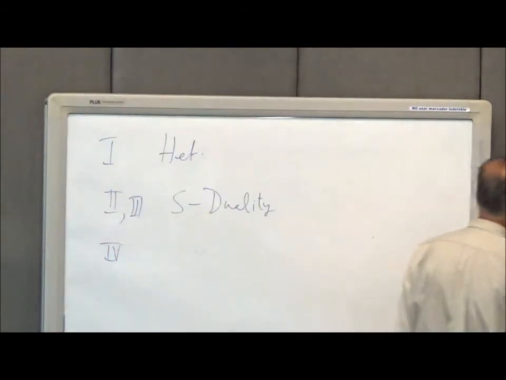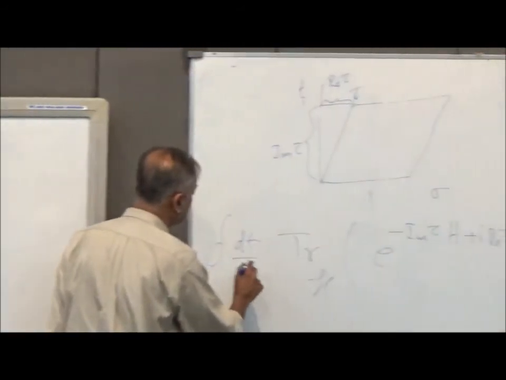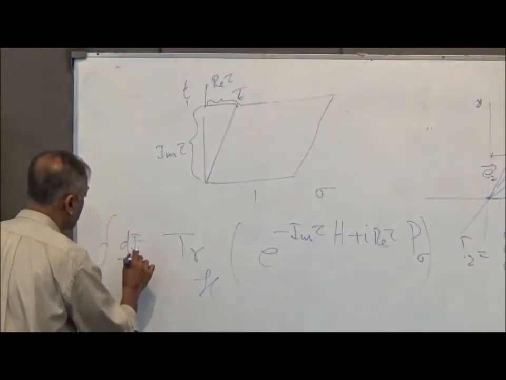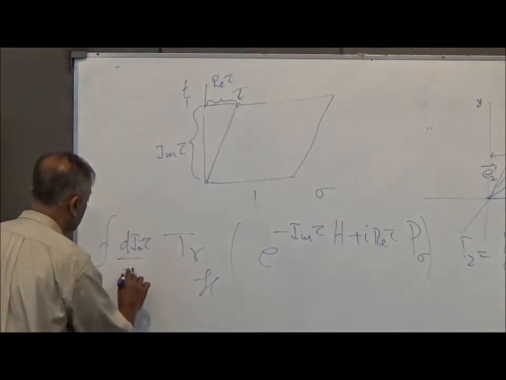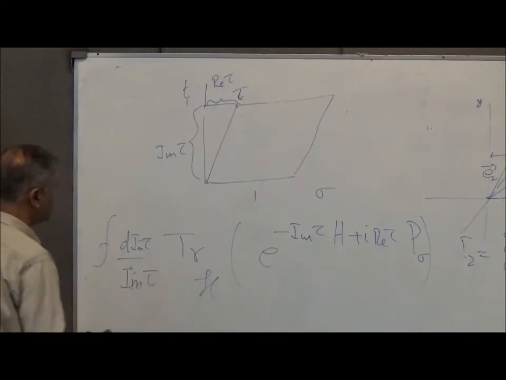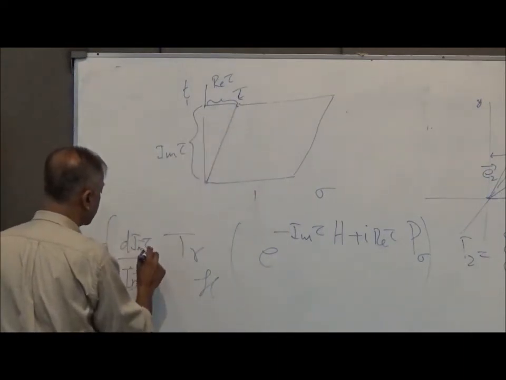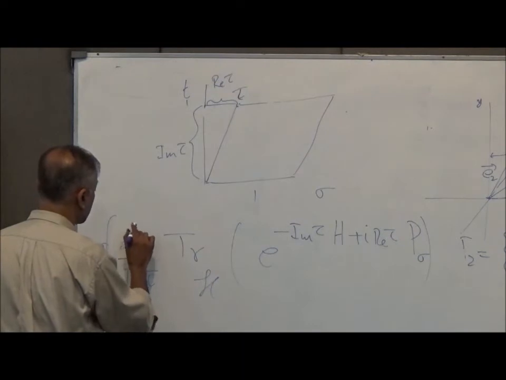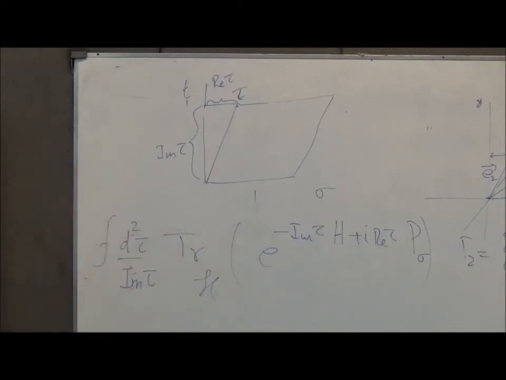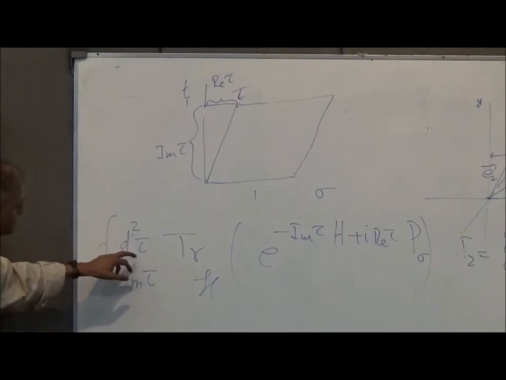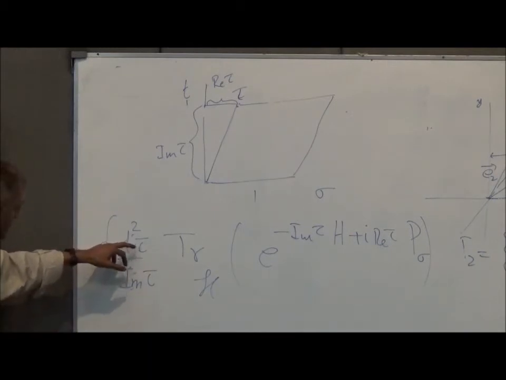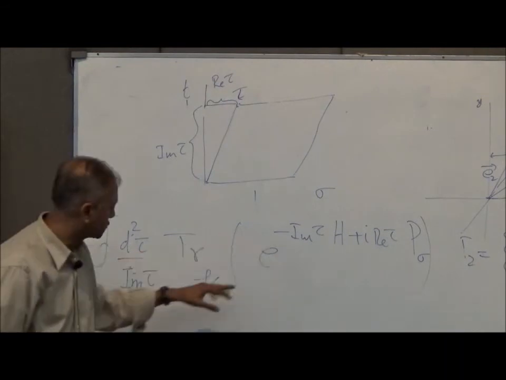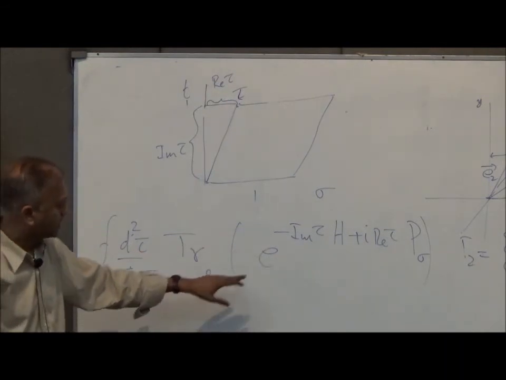So I have to integrate over dt over t, d im tau. Im tau is like the time over im tau. This is what would have happened already for the point particle, but now I also have to integrate over the real tau. So this becomes d2 tau. That is the generalization of the point particle to string. For the point particle, you would have just d im tau. There will be no real tau there. There will be only d im tau over im tau, and then the trace over the particle Hilbert space, and you have this thing.